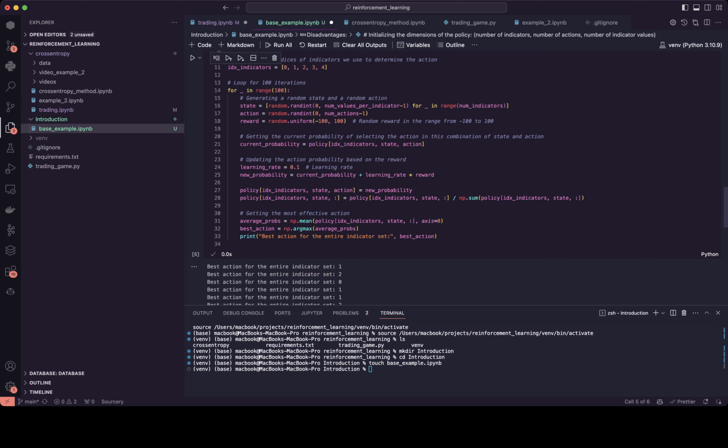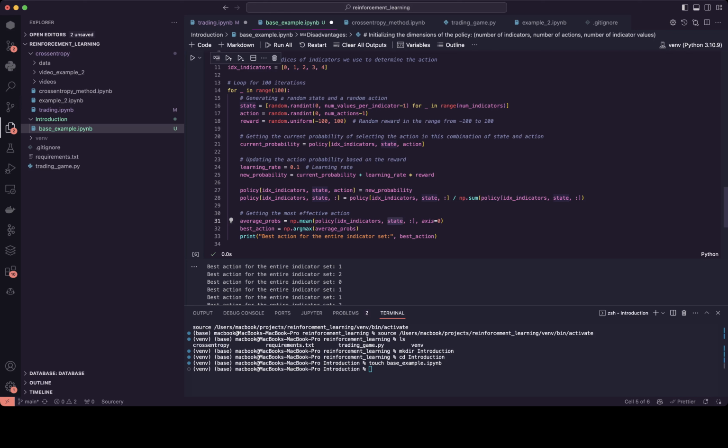And for example, how to use this policy. For example, we need to use only the state. Right now, for example, we have some state of these indicators, and we input this state, because the indicator index will be the same all the time, and we input only the state.